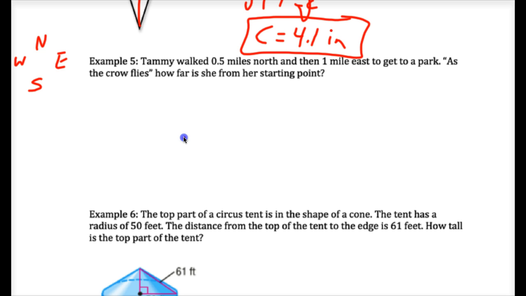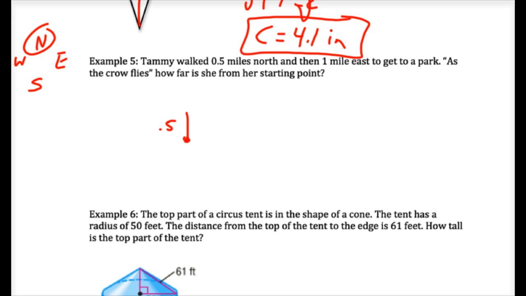Okay? So right in the middle, everybody put a big old dot, and that's Tammy's starting point. If she walked 0.5 miles north, which way from her starting point did she go? Up, right, down, or left? Because that's north. So, put that as 0.5. Now, then she went 1 mile east to get to the park.